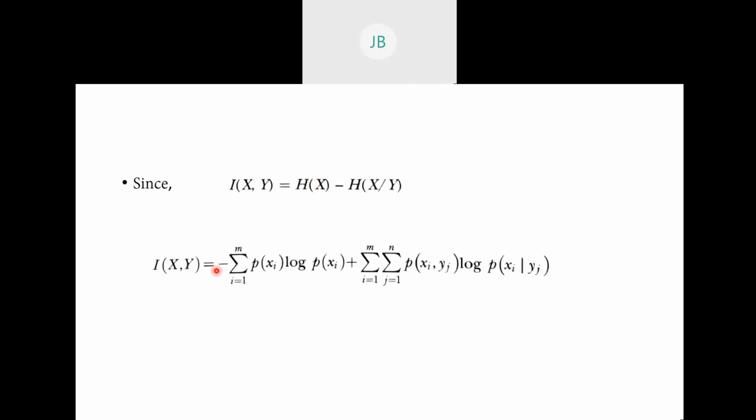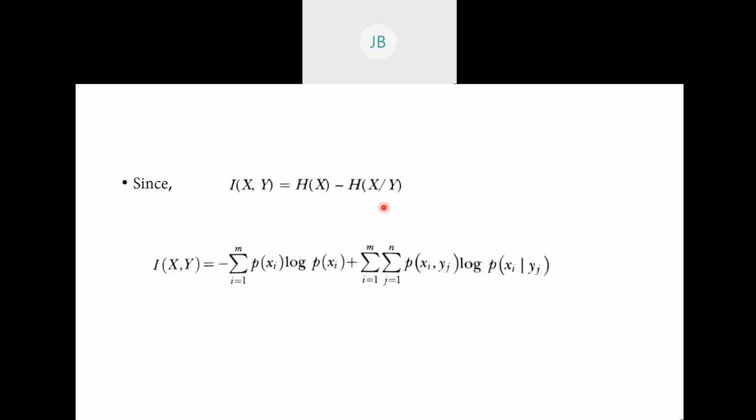So that is nothing but minus summation of pi log pi, that is for H(X). We are substituting these terms for H(X), and again we have a minus and minus and minus plus. So double summation here, that is for x and y, and we will be expanding this conditional entropy and rewriting it in the form of probability.